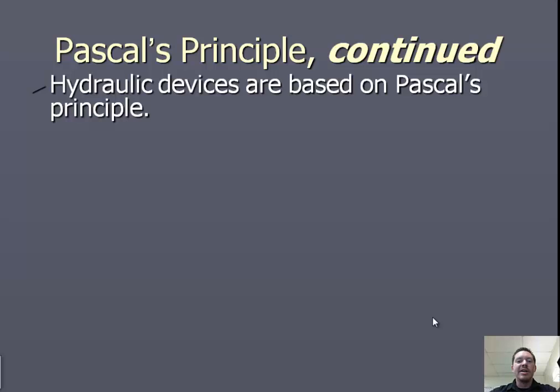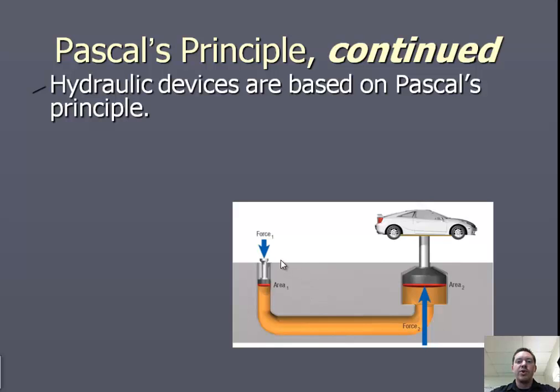Hydraulic devices are based on this principle. So in order to lift this automobile, we have to apply a force somewhere. So what we've got here is a small force acting on a small area, and what happens is we then increase the area for this force to be applied for this hydraulic to work.